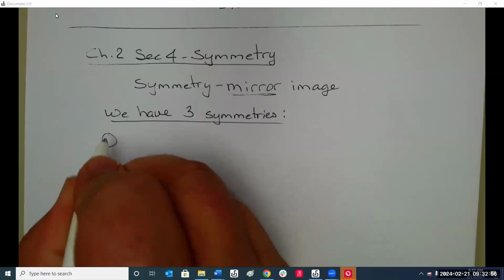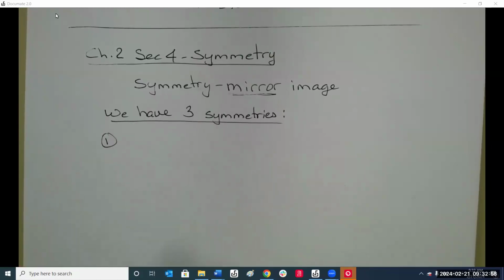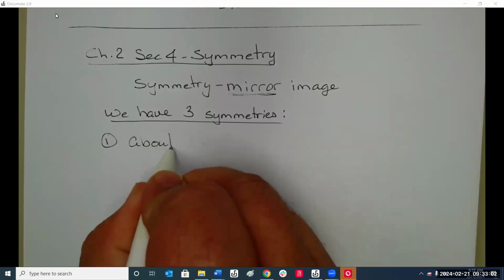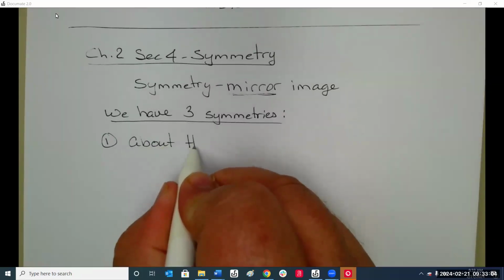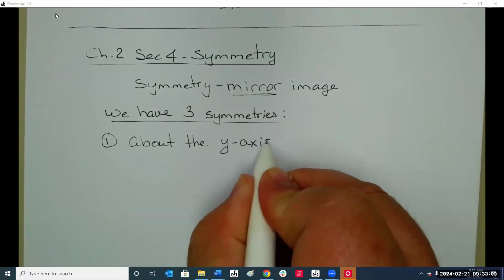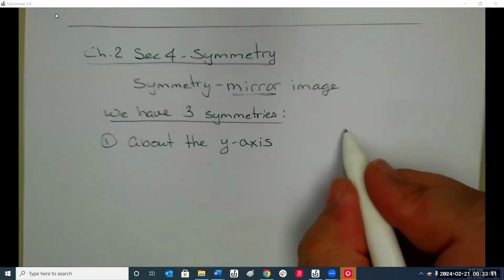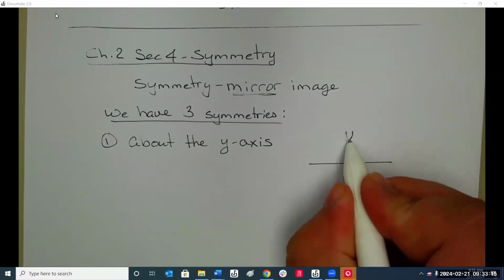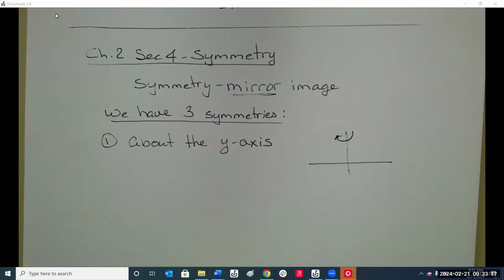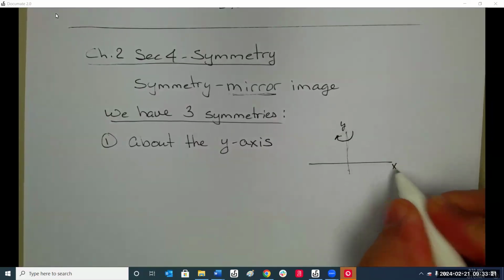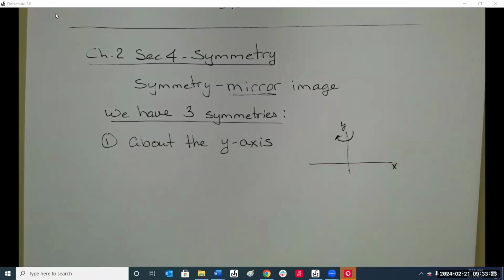The first one is about the y-axis, meaning the graph flips about the y-axis. When we say about the y-axis, that's what it flips about.